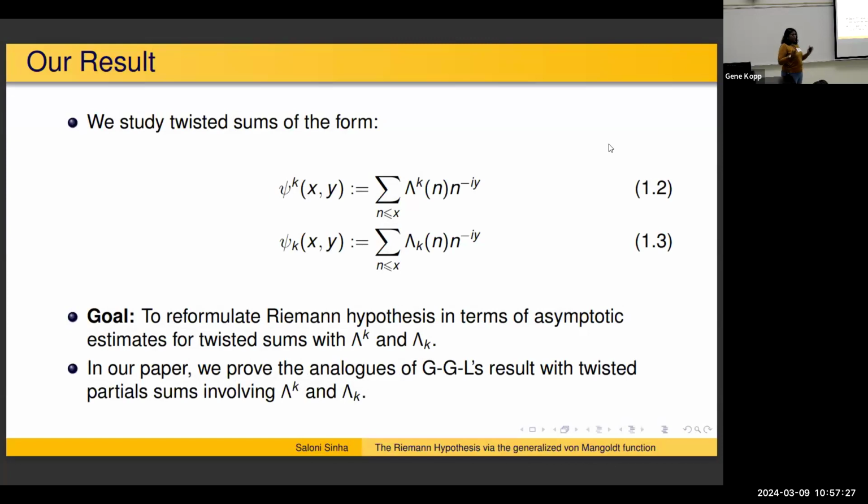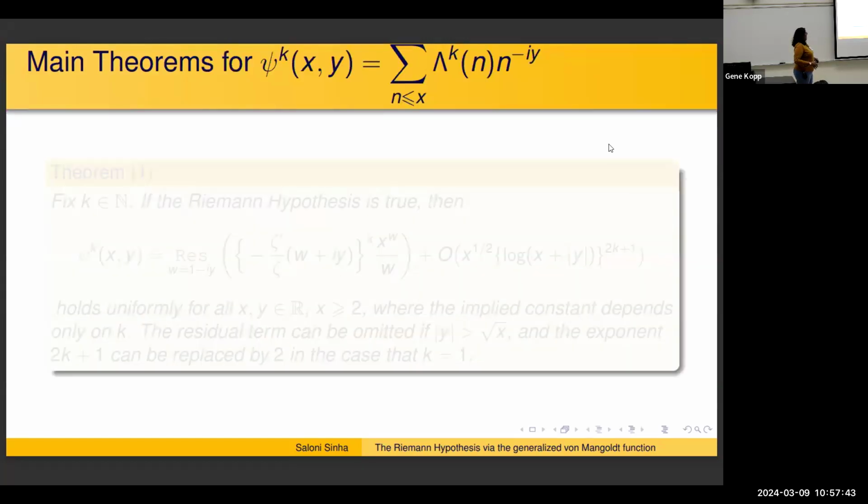And basically, we prove the analogs of Gonek, Graham, and Lee's result with twisted partial sums involving lambda power k, which means the k-fold convolution, and lambda sub k, which is the generalized von Mangoldt function.